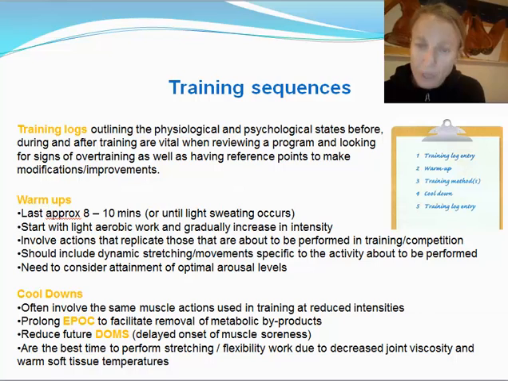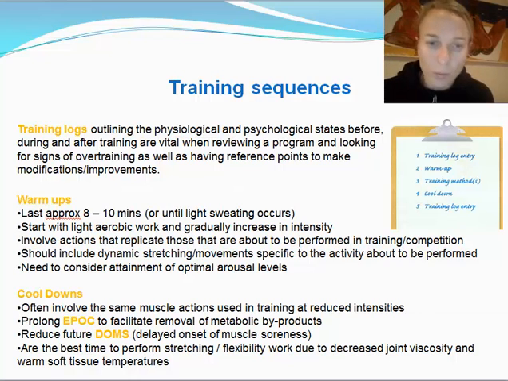Finally, when we do a training session and when we fill out our diaries, an important part of each training session is the warm-up, followed by the session, and then followed by a cool down. And as you've been learning about appropriate recovery strategies, it might be a passive recovery or an active recovery.